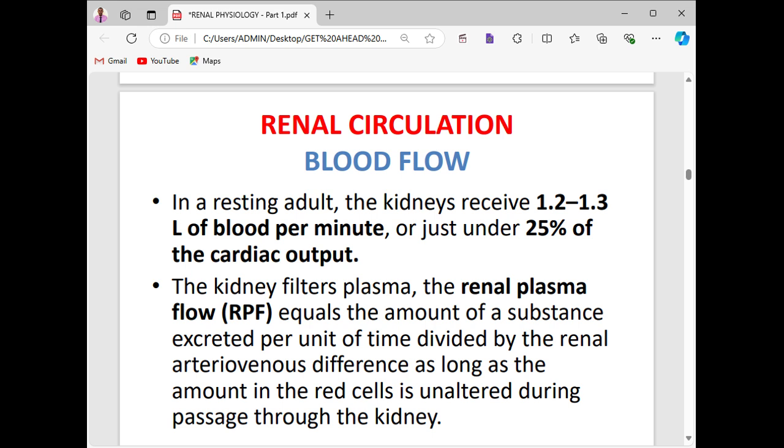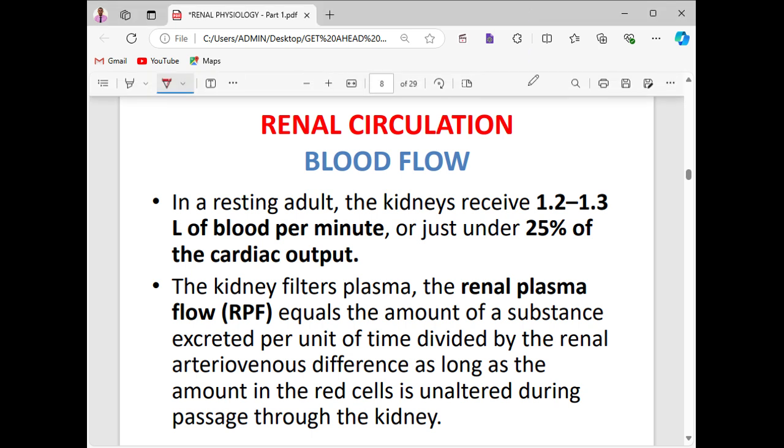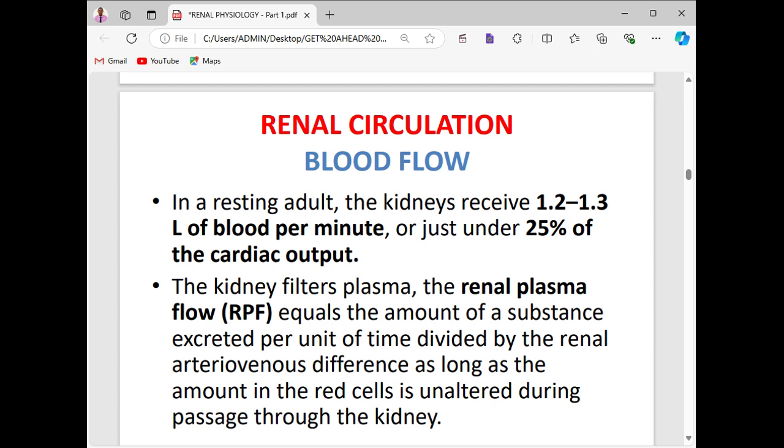Blood enters the glomerulus via the afferent arteriole, and then it leaves via the efferent arteriole.